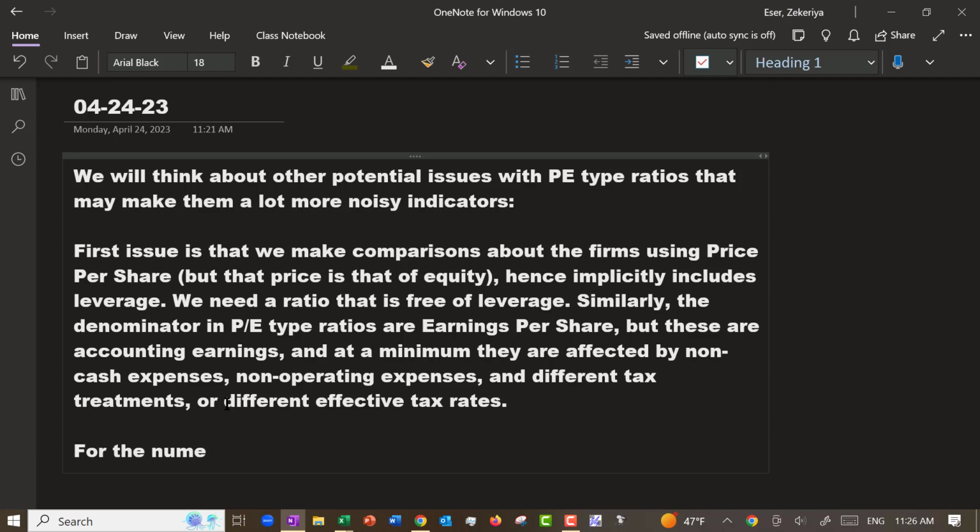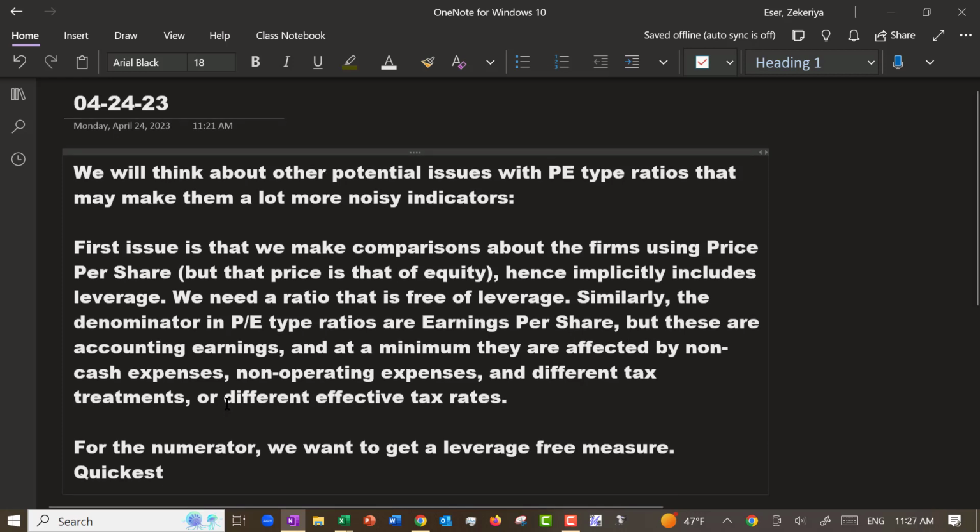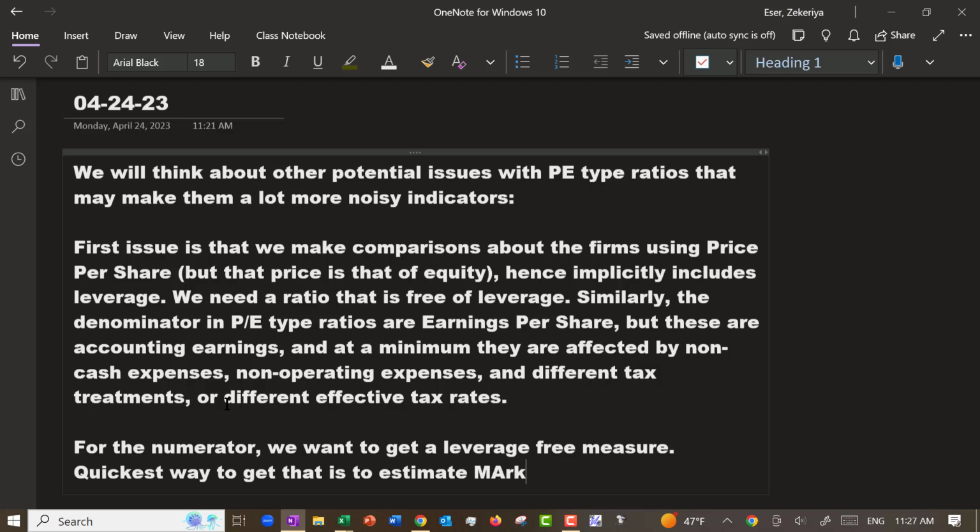For the numerator, we want to get a leverage-free measure. Quickest way to get that is to estimate market value of assets. Okay.